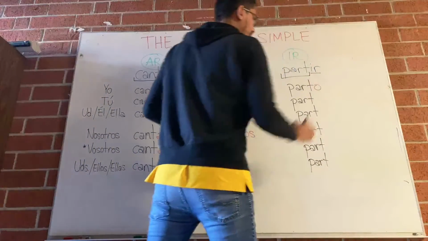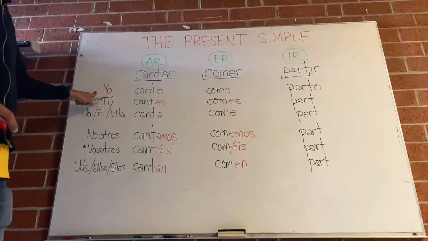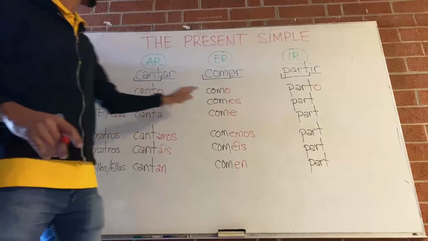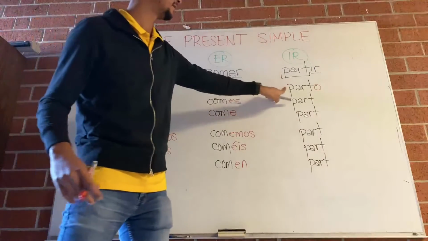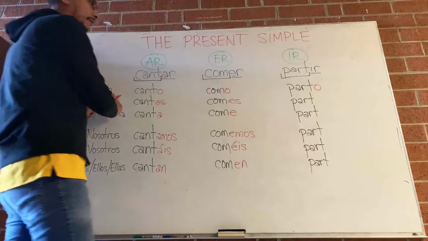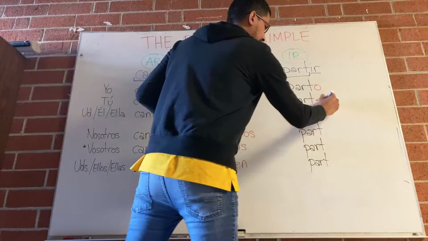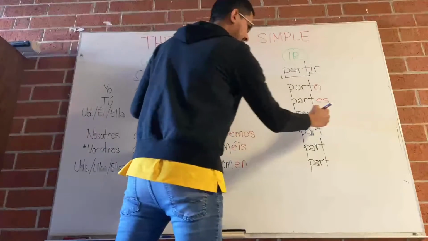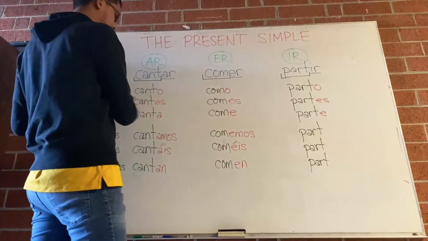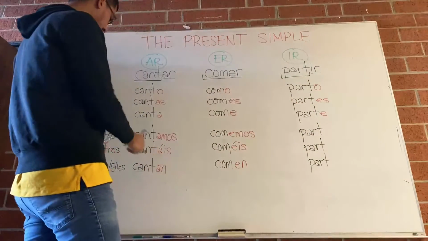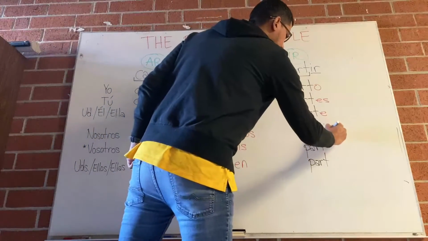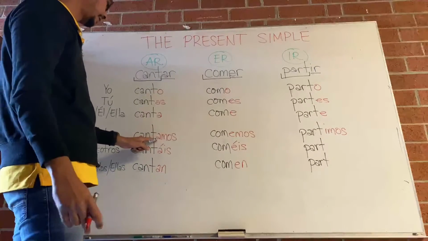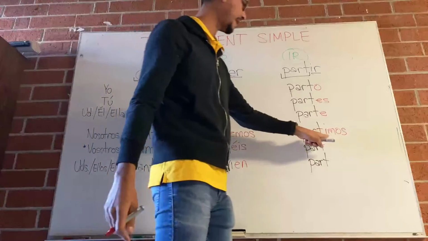So as I told you, the yo part is the same for everyone. So for the AR, ER, and IR. So yo canto, yo como, and here is yo parto, which is I break. Tú partes, similar to ER, right? Él parte, this is the same as ER, él parte or ella parte. Nosotros partimos, that's IMOS, right? Here, AMOS, EMOS, and IMOS.